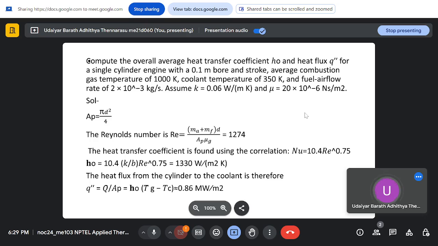So with this, the area of the piston is pi d square by 4. The bore is given, so you can find the area. The Reynolds number is given as mass of air plus mass of fuel divided by area, into diameter divided by mu.